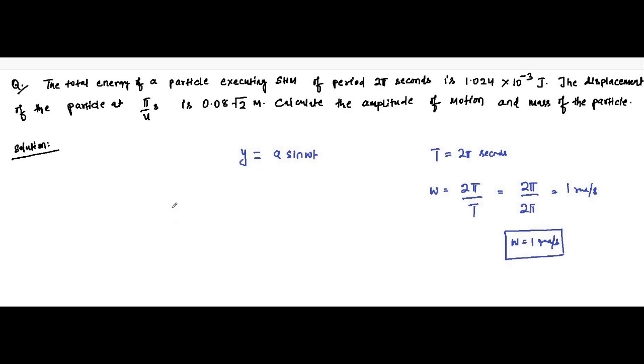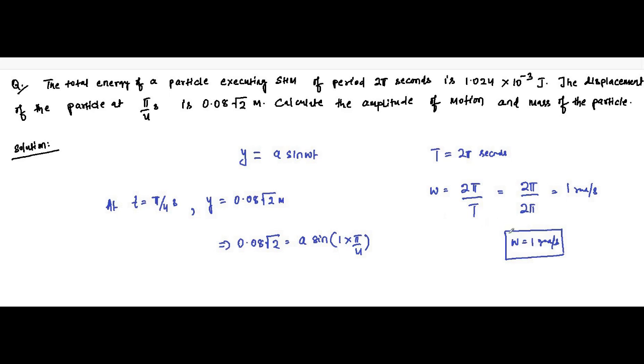Then it is given that the displacement of the particle at t equal to pi by 4 seconds, y is equal to 0.08 root 2 meter. That implies if we substitute this value here, 0.08 root 2 is equal to A sine omega t, which is equal to 1 into pi by 4.